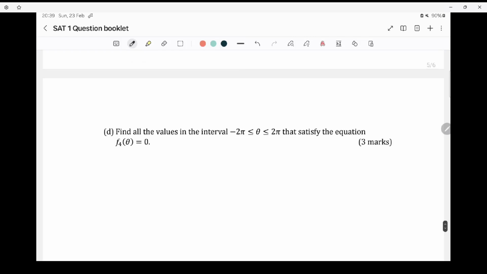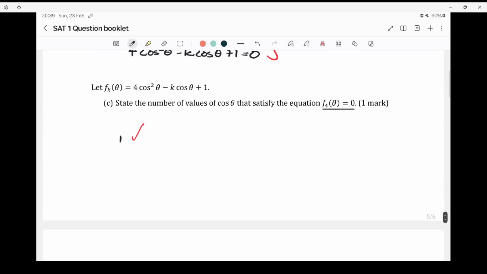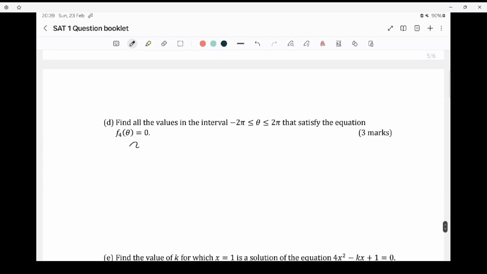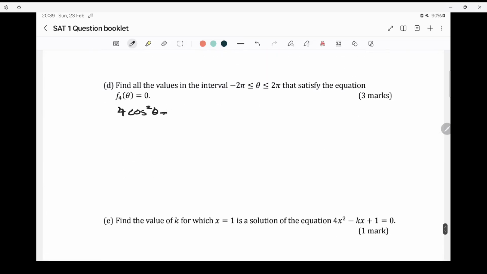Find all the values in the interval from minus 2 pi to 2 pi that satisfy the equation. So 4 cos squared theta minus 4 cos theta plus 1 equals 0.